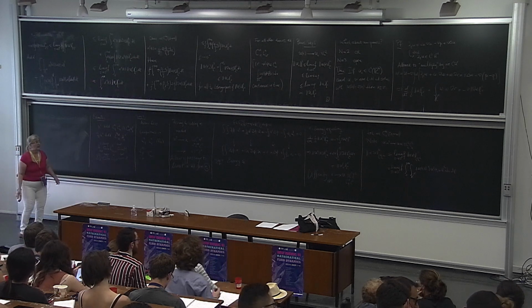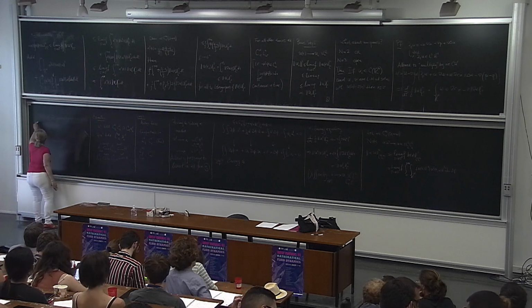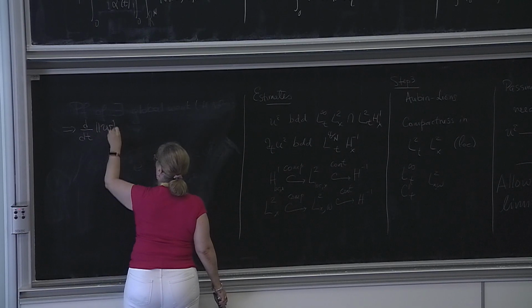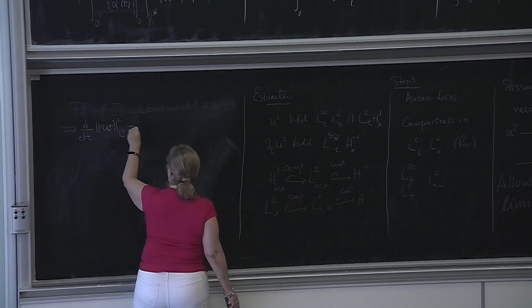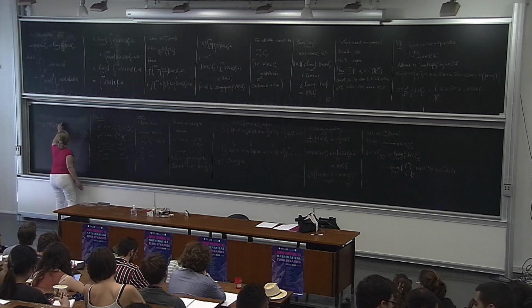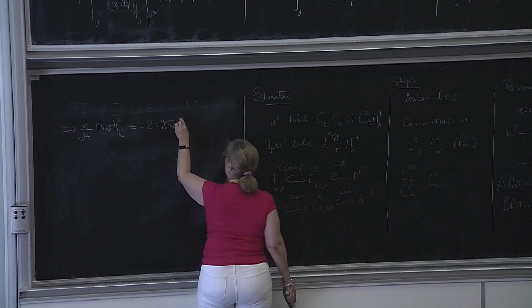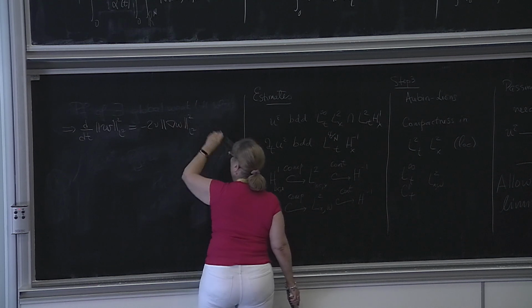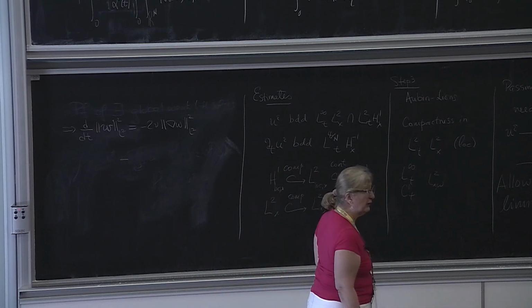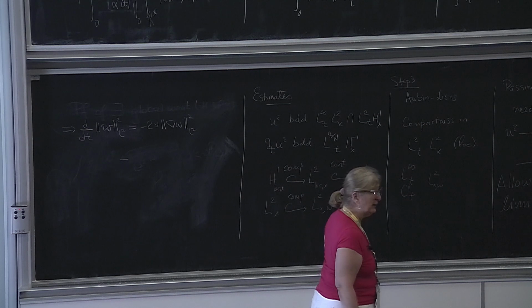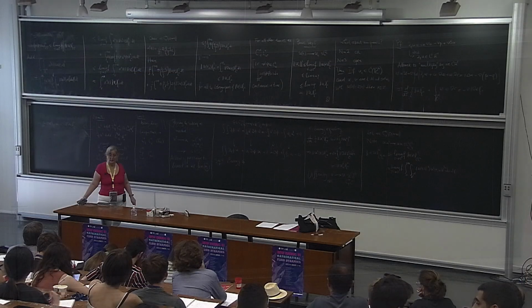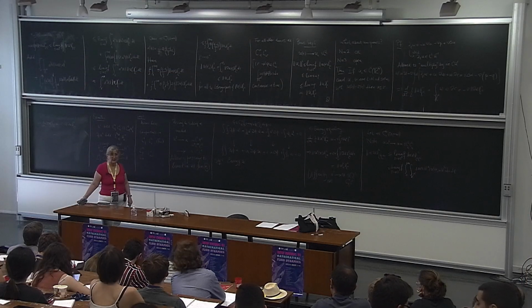Okay, so therefore, we have d/dt of the norm of W L2 squared is equal to minus 2 nu gradient W L2 squared minus, so I have minus W U dot grad V, and if I simply estimate this with gradient of V in L2 and W squared in L2, which is W L4 squared, that's not going to be good.